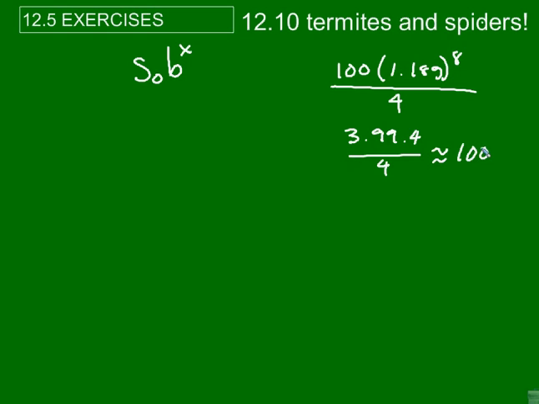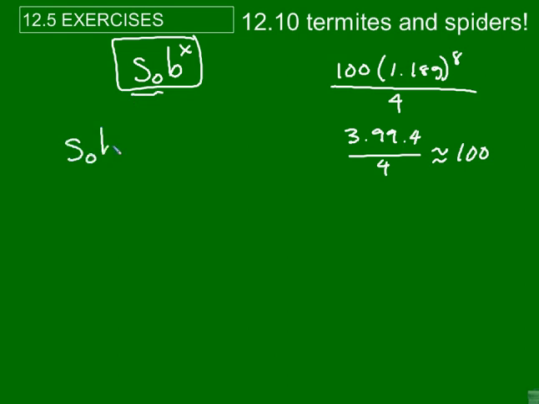So we know that there are 84 termites on day 3, and there are 100 termites on day 4. So if I take this equation, and now I have 2 data points, I can solve for my initial.